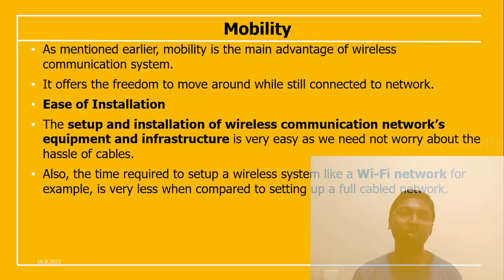We need not worry about the cables. The time required to set up a wireless system like a Wi-Fi network is very little compared to implementing a full cable network. So that's the advantage you will enjoy with ease of installation in wireless communication systems.